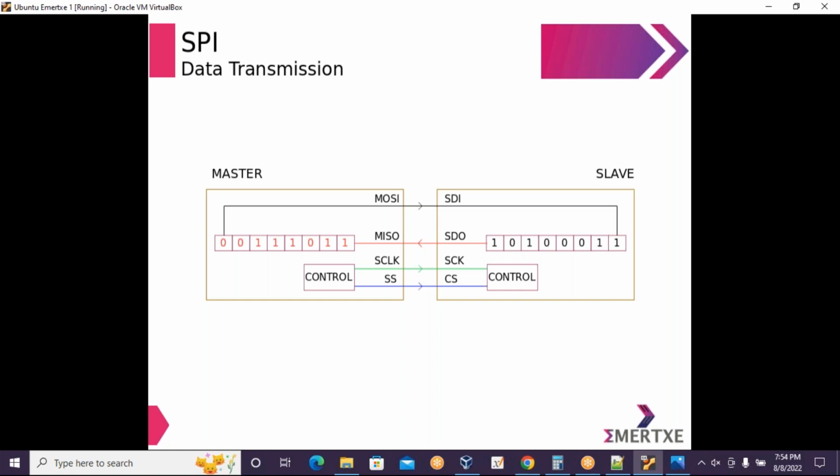Now, if you notice, I said MOSI, MISO, SCLK are the names which have been given by Motorola, and you have to stick to the same names. But can you observe there is SDI, SDO, SCK and CS? Can you observe this in the slave?